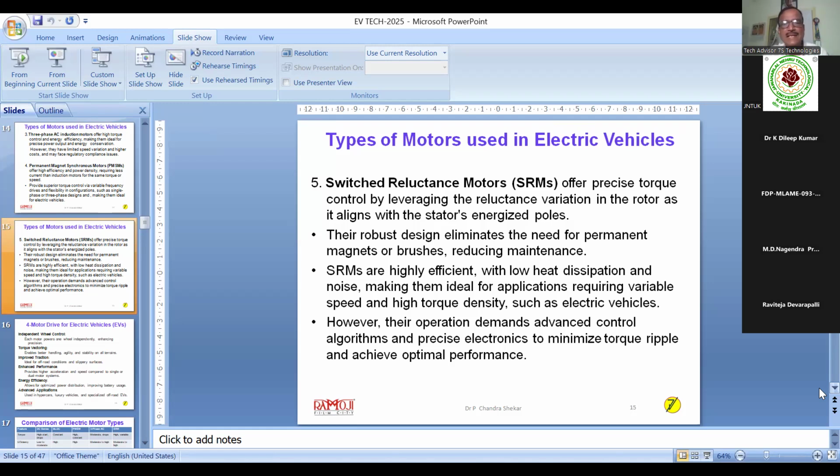Their robust design eliminates the need for permanent magnets or brushes, reducing the maintenance. SRMs are highly efficient with low heat dissipation and noise, making them ideal for applications requiring variable speed, high torque density such as electrical vehicles. However, their operation demands advanced control algorithms and precise electronics to minimize the torque ripple and achieve optimal performance.